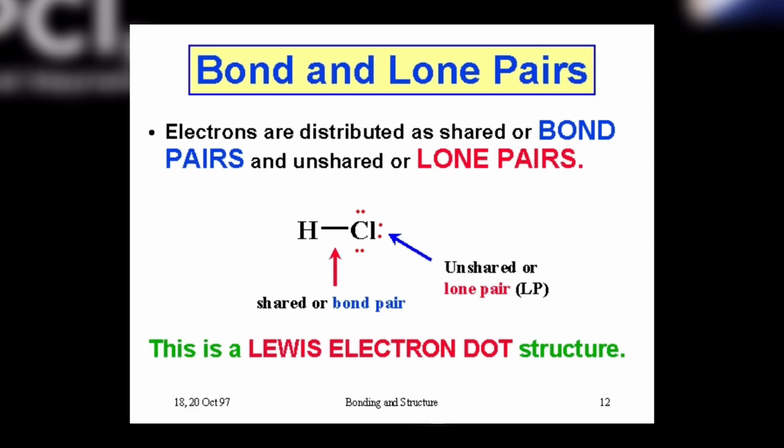The VSEPR model states that the best arrangement of a given number of shared and unshared electrons is the one that minimizes the repulsion among them, or simply how electron groups arrange themselves to minimize repulsion from one another. Exactly. And it's because electron groups are negatively charged and naturally repel each other. They want to get as far apart as possible.